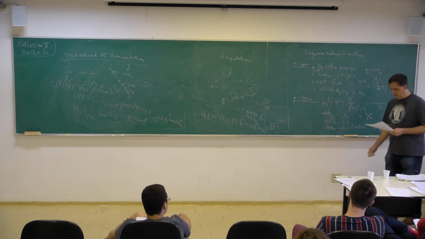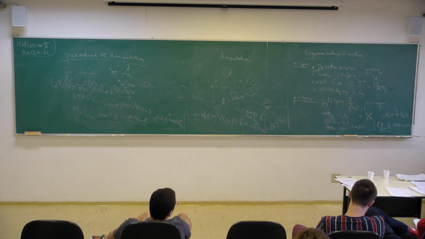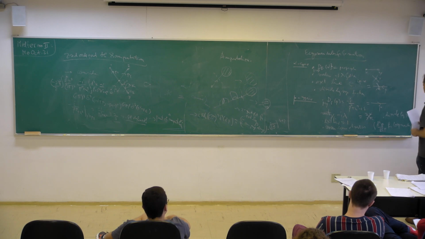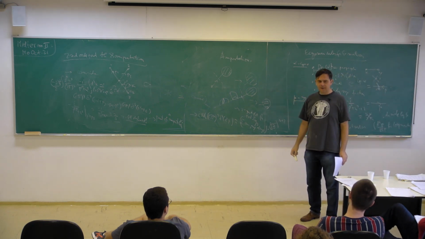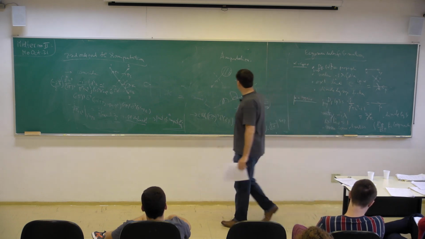So this is somewhat clear. It's all the same Feynman rules we had before. The only thing that is different, really, is what this applies for. This applies only for things where we've amputated.